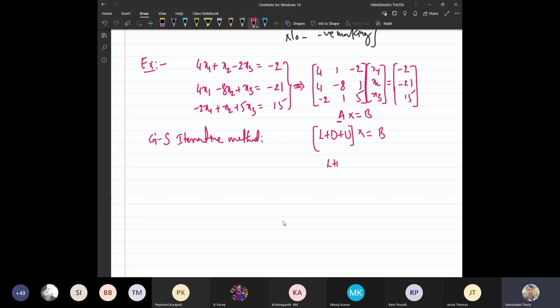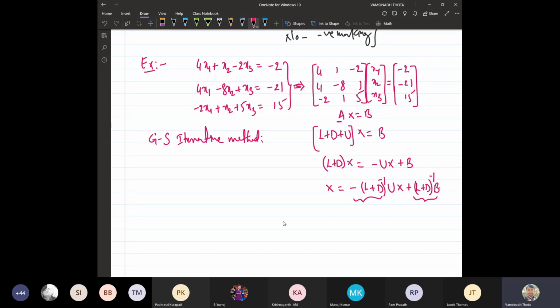So (L + D)X = -UX + B, and then X = -(L + D) inverse times UX plus (L + D) inverse times B. So this is the setup, this is the matrix of iteration, and this is a constant matrix.